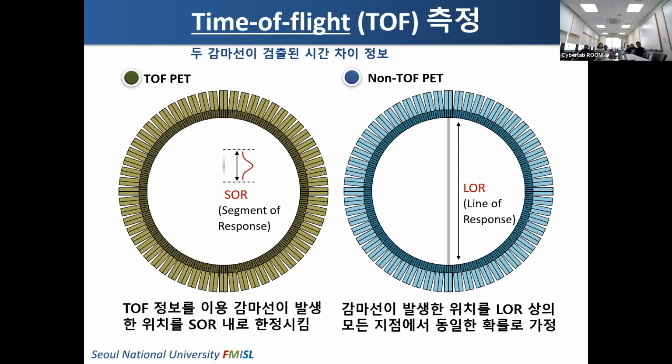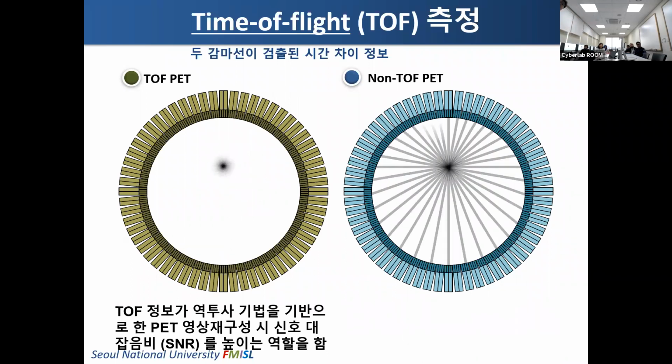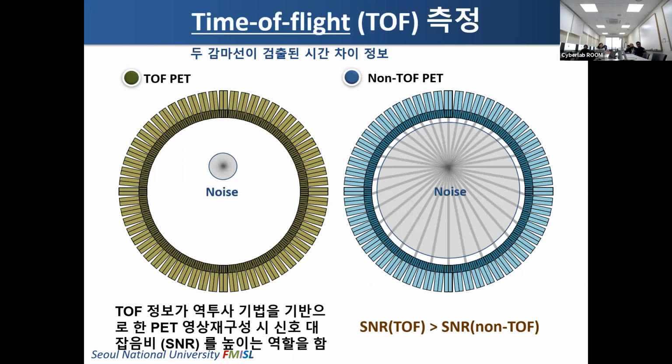I mean we can apply some constraint on the position based on the time of flight, the difference in arrival time. So if we apply back projection based on time of flight information, compared to not having such timing difference information, we can have a better image.